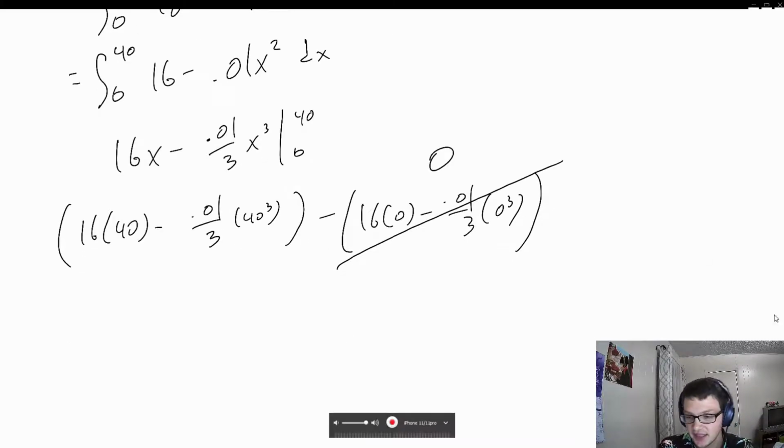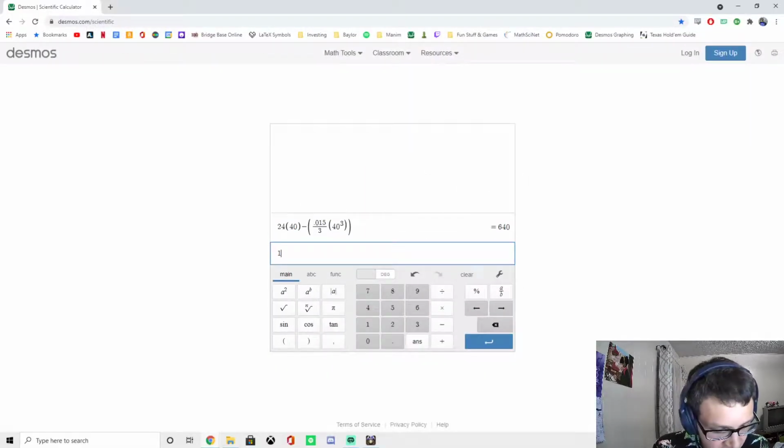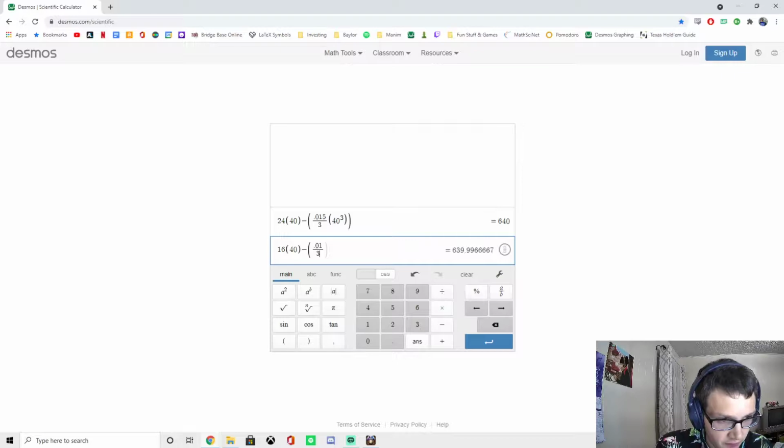Let's compute this, and I'll plug this into Desmos right quick. We're going to have 16 times 40 minus 0.01 over 3 times 40 cubed gives us 426.67, I'll call it.